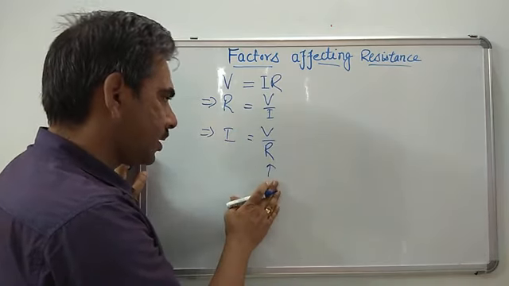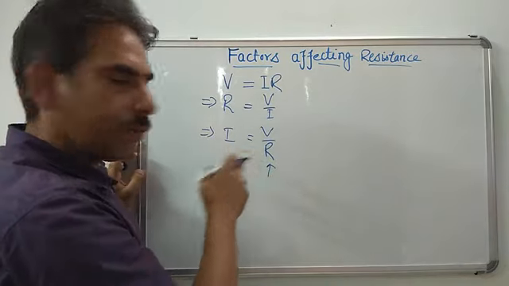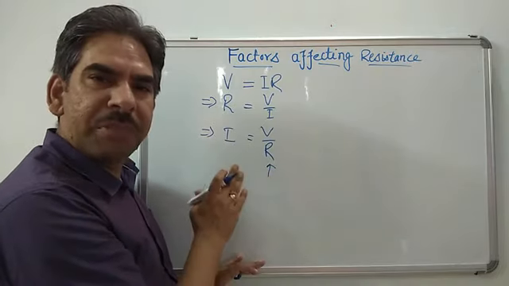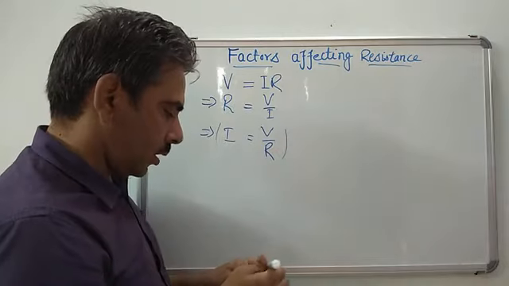More is the resistance, less is the current. Less is the resistance, hence more is the current. If we want the current to be more in a conductor, then the conductor should be of minimum resistance. That is what this formula tells us.